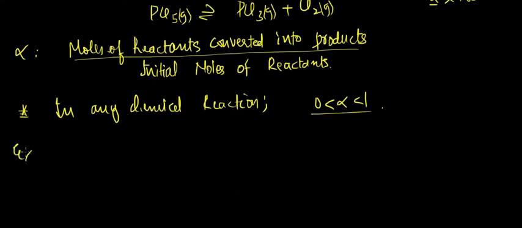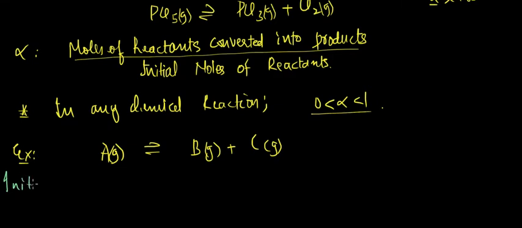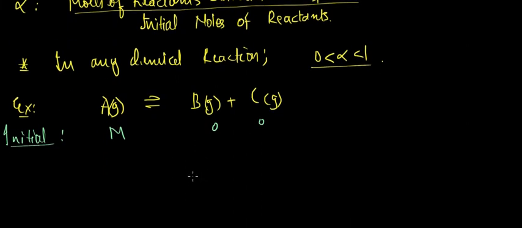So let's take an example. Suppose we have A getting converted into B gaseous plus C gaseous. In this case, let's suppose that the initial moles of A were M, and B and C were not present in the mixture.